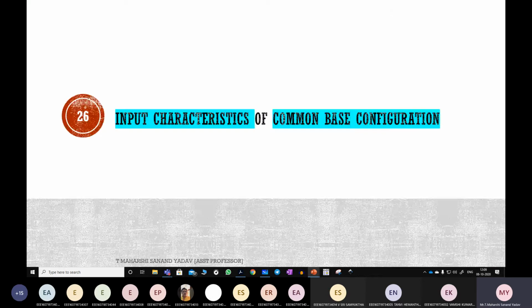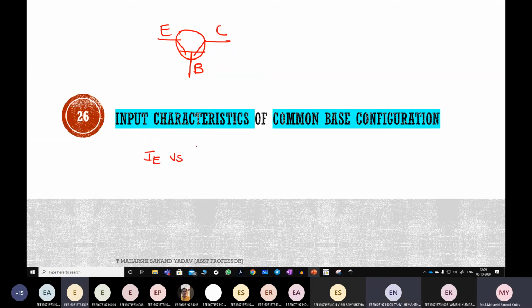Next, we shall draw the input characteristics and output characteristics. How to draw input characteristics? What is the input current? In common base, input current is IE, so IE versus VEB.